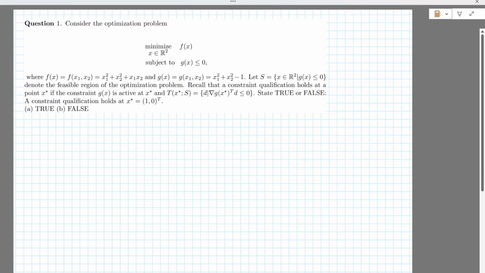So the first question that I'll discuss is this: you have some f of x in an optimization problem, and f has a two-dimensional domain, and you have one constraint g of x, and this is your feasible region.